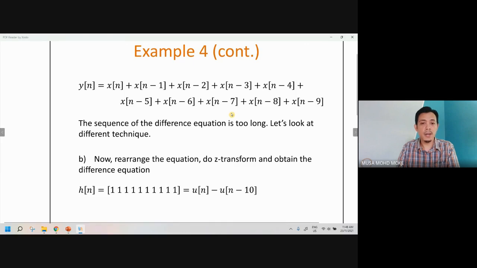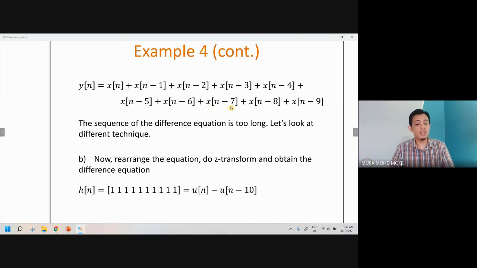If you can optimize it so that it uses fewer operations, it will be better. Your processing time will be faster, because everyone wants a very fast system. That's why we need to optimize it.